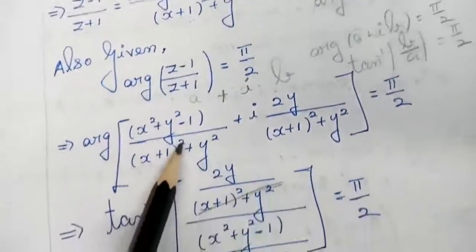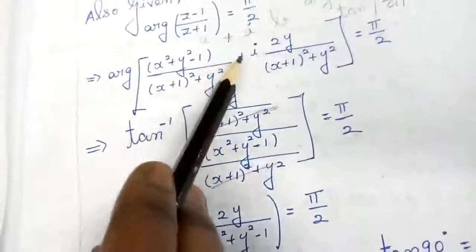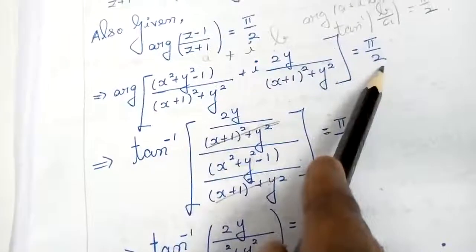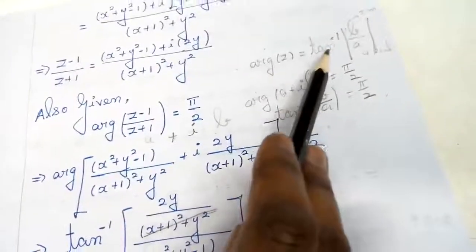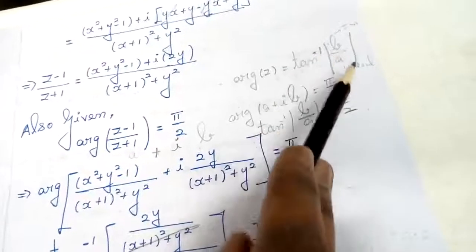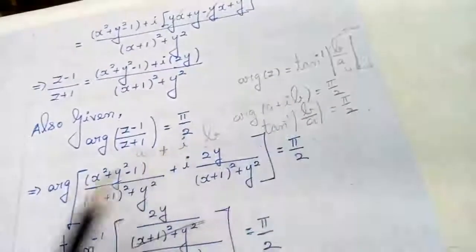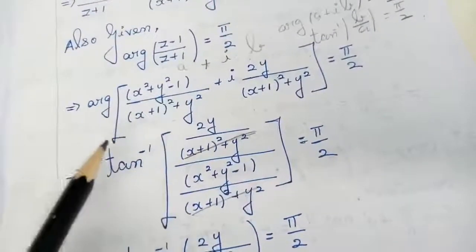While I am replacing, I am bringing the real part fraction separately, plus the imaginary part fraction, equal to pi by 2. Argument of z is equal to tan inverse of modulus of b by a, imaginary part divided by real part. So this is the concept. Instead of argument of the complex number, I am going to replace it like this.